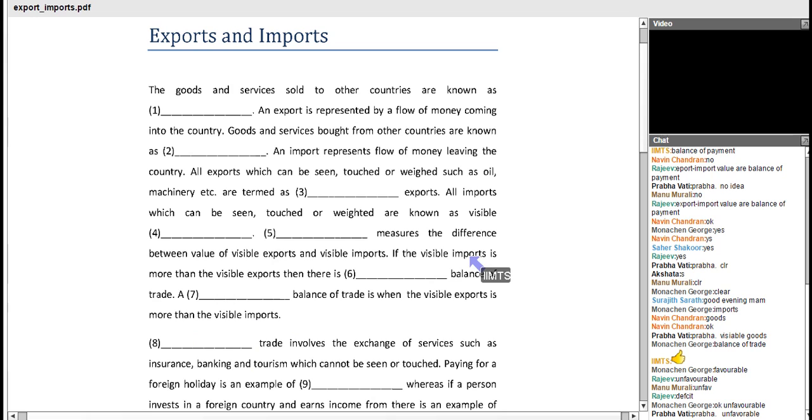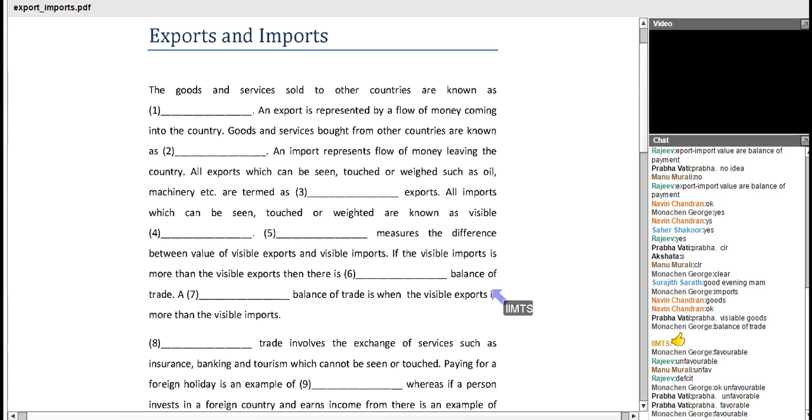When visible exports are more, means we are going to get money from the foreign countries. We are going to earn foreign currency. So balance of trade will be what? Favorable or unfavorable? Yes, it will be favorable.